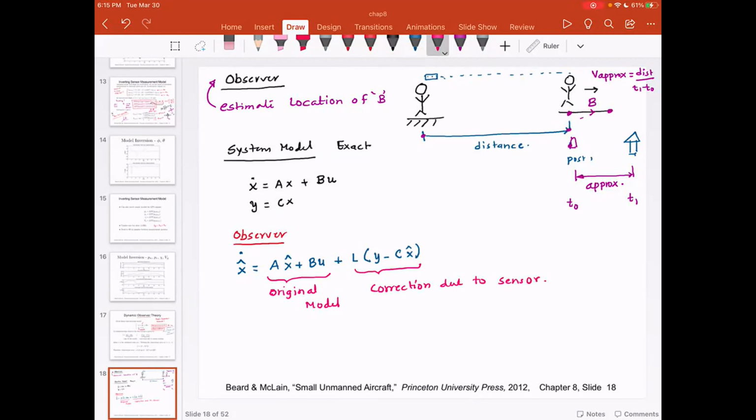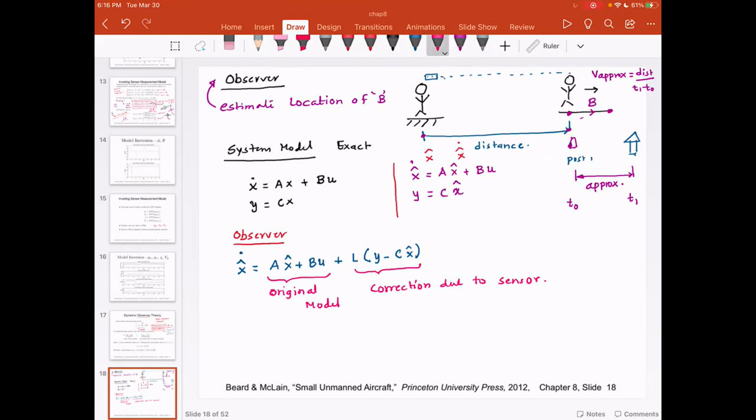Some of you may think, oh, this equation looks super complicated. But actually, this equation is not super complicated. What I want you to do is take the system model, and instead of x dot, substitute x hat dot. So check this out. This equation now is going to become Ax plus Bu, and y is equal to C x hat.